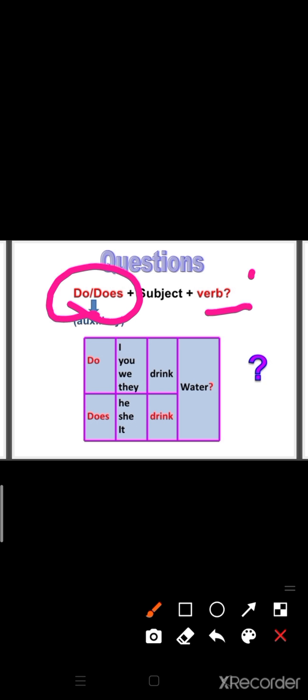To convert it into the question or the interrogative sentence, we put do or does, was or were, or will or shall in the beginning of the sentence, and we add question mark in the end. So our rule will be do, does plus subject. In the affirmative sentence we use subject at the beginning, but here we will use subject in the middle.